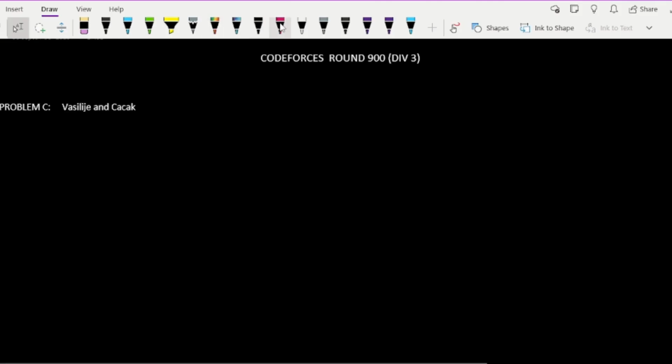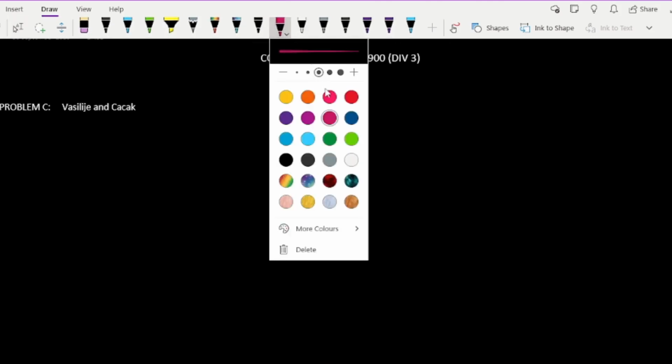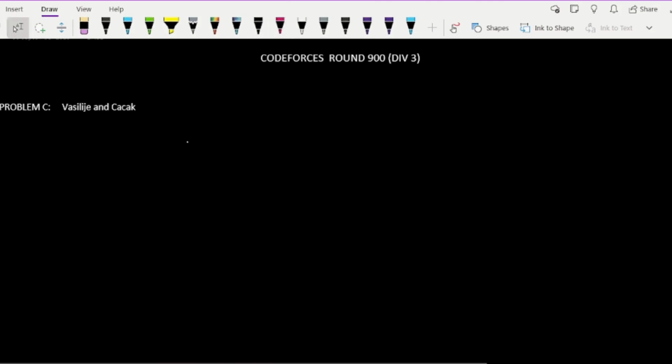So the way I have solved this problem is, n, k, x is given, and we need k positive integers between 1 to n such that their sum is x. So I will show you the range of possible values we can generate between 1 to n.